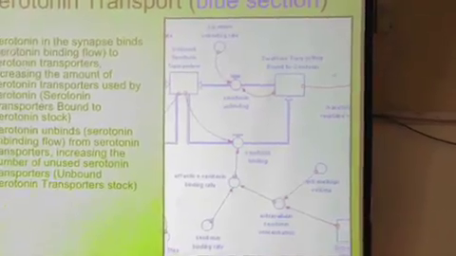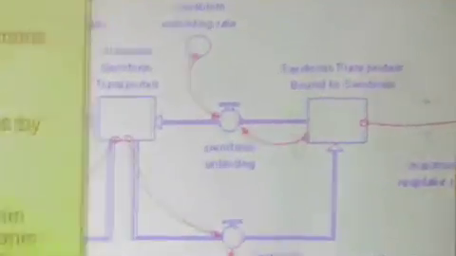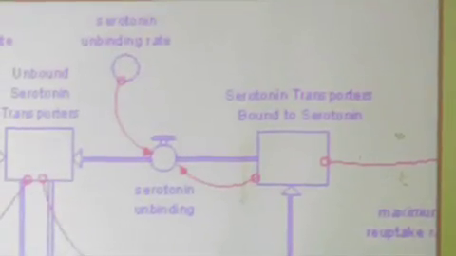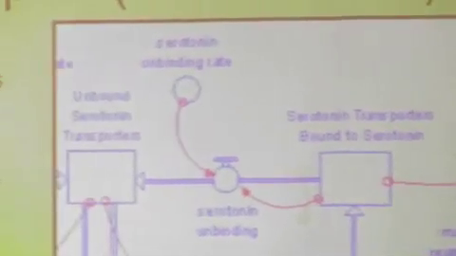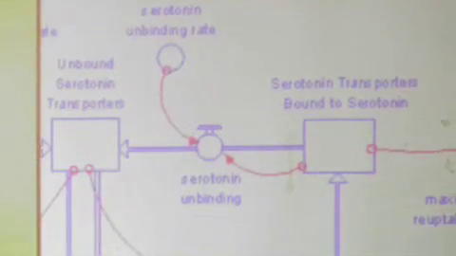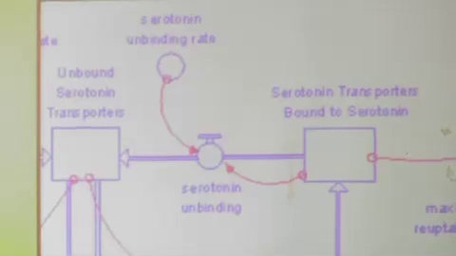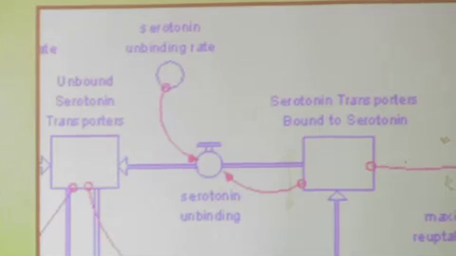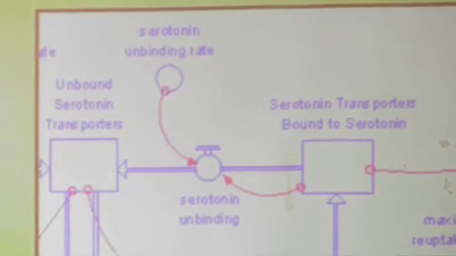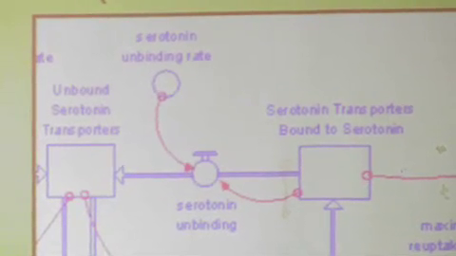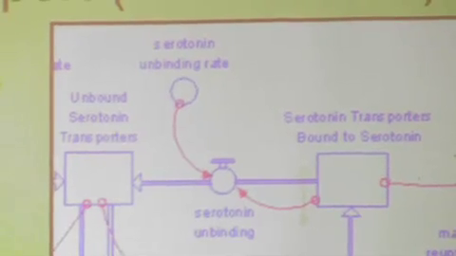The serotonin transport, which is the blue section, this actually controls the process of reuptake. So the more serotonin there is within the synapse, or extracellular serotonin, the higher the concentration of serotonin in the synapse is. And that increases the amount of binding between serotonin and serotonin transporters. So in the top left we have a stock called unbound serotonin transporters.